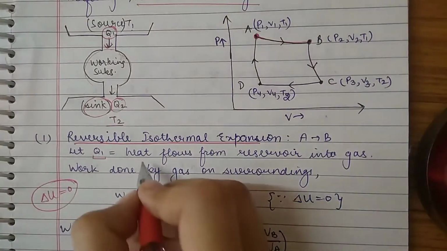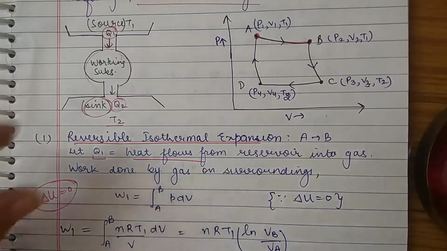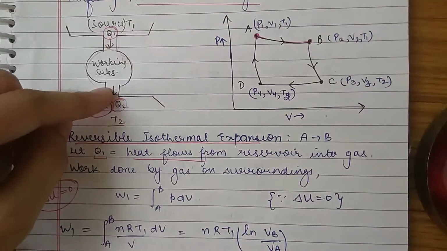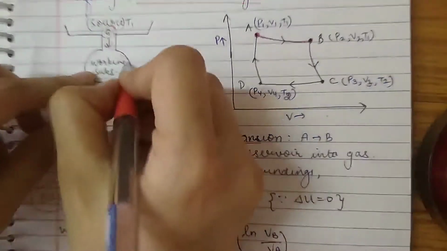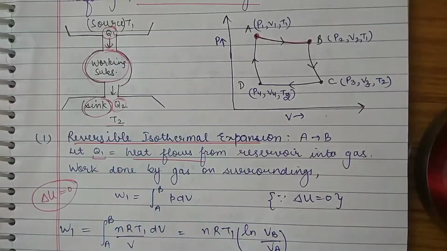Let Q1 be the heat flowing from the reservoir into the gas, which is the working substance.